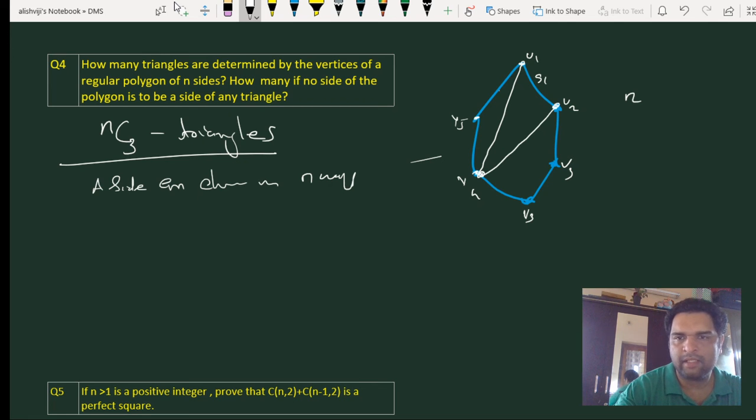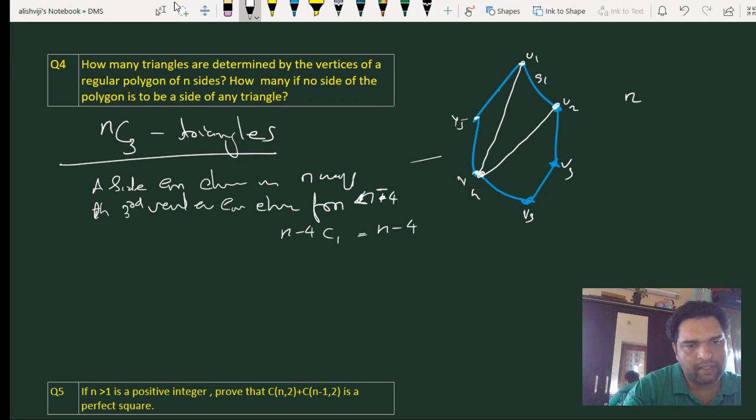So the third vertex can be chosen from n minus 4 vertices, and we are looking only for one vertex, so that can be done in n minus 4 ways, not plus, it is n minus 4.